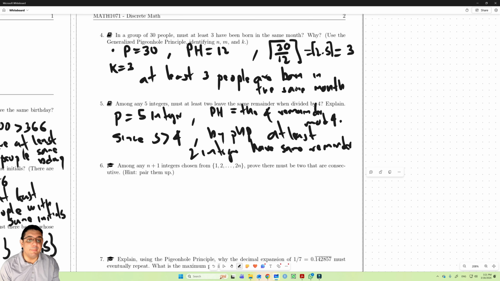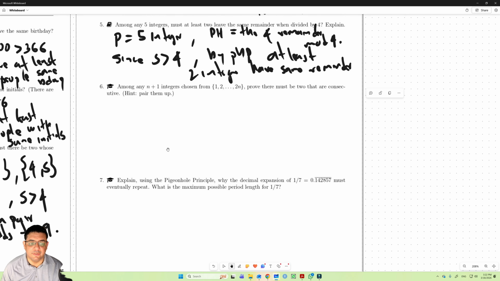Remember that when we divide a number by 4, the remainder has to be less than 4. So we have 0 to 3 being the possible remainders, and that's 4 types of possible remainders. But because we have 5 integers, the 2 are going to have the same remainder. All right.